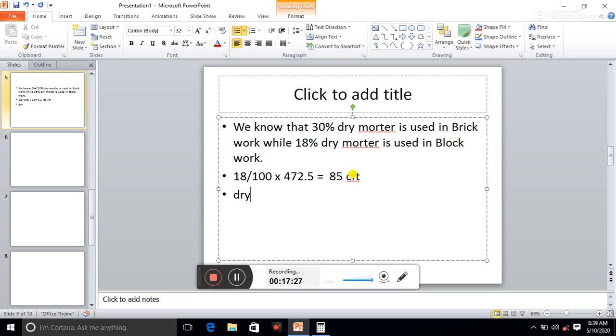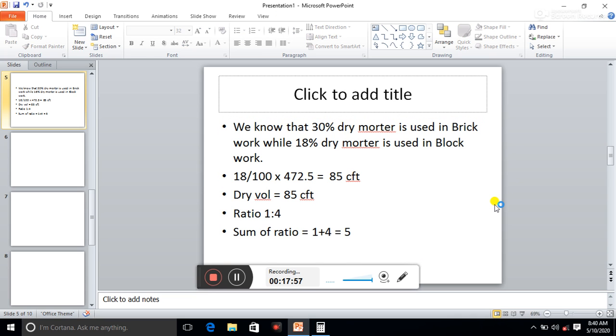So dry volume is equal to 85 cubic feet. This is the dry volume. Now we have ratio 1:4, so the sum of ratio is equal to 1 plus 4 is equal to 5.